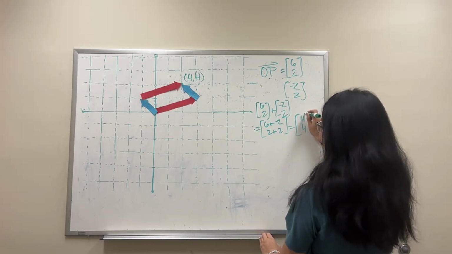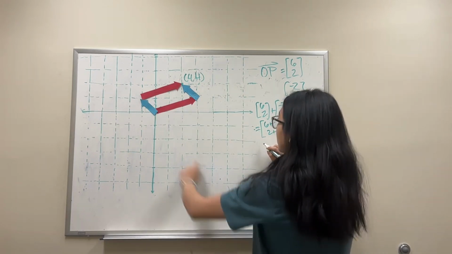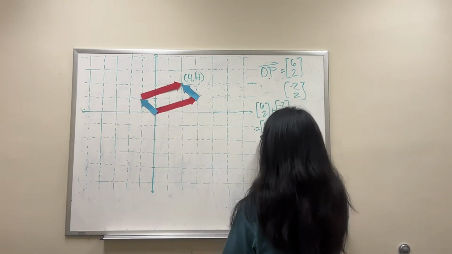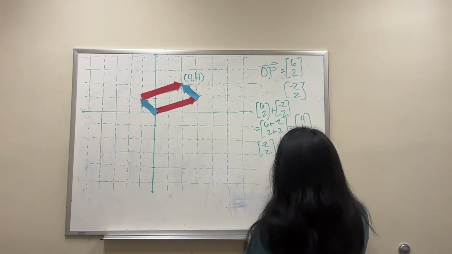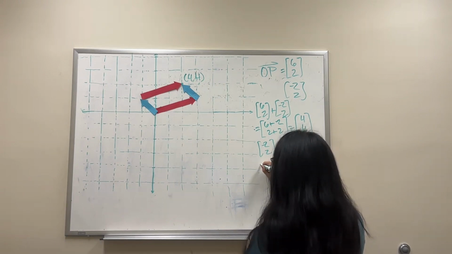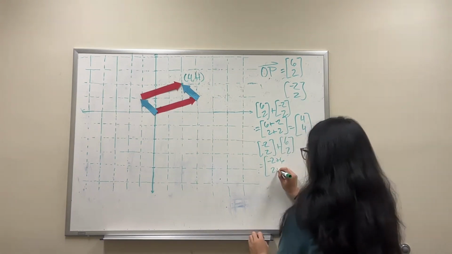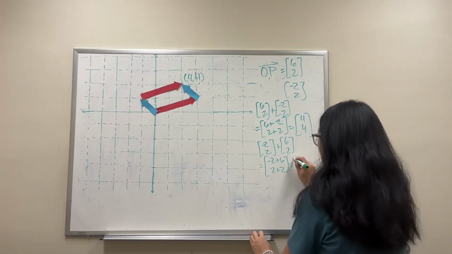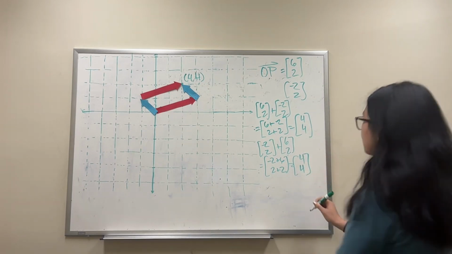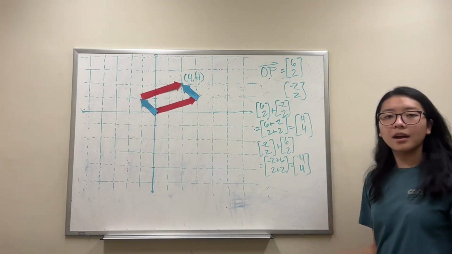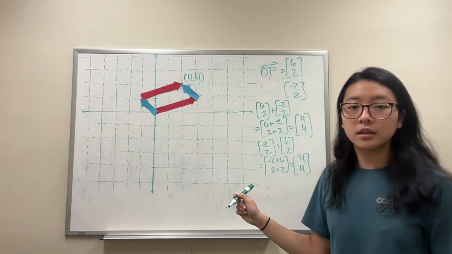We have 4 and 4. And then if we want to do the blue vector first, so negative 2, 2, plus the red vector second, 6, 2, and write that as one vector: negative 2 plus 6, and 2 plus 2. We get negative 2 plus 6 is 4, and 2 plus 2 is 4. And now we have the exact same vector in the end.